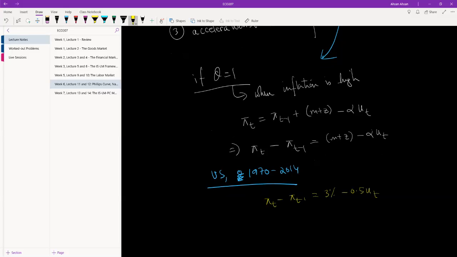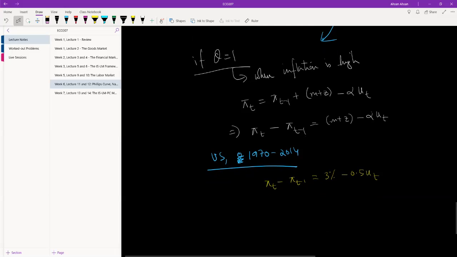So effectively, m plus z, which is the fixed part, the change in inflation was 3%, and λ was 0.5. What this meant was that if we had zero unemployment, this part became zero. Then the difference between the 2 years' inflation is usually 3%. But of course, the unemployment rate would fluctuate as well. It would go up and down, and that would affect the inflation rate.